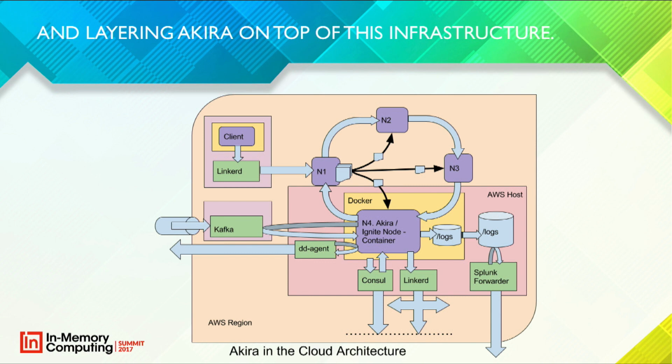We see an AWS region there, and it all works basically the same way as it worked before. On some other host, you've got a client, and he makes a call into his Linkerd. That Linkerd knows where all the other services are, and knows where our particular Akira nodes are in the Ignite cluster.